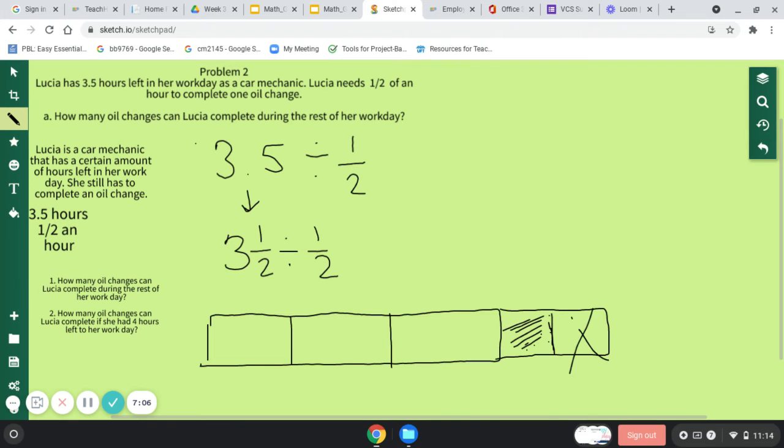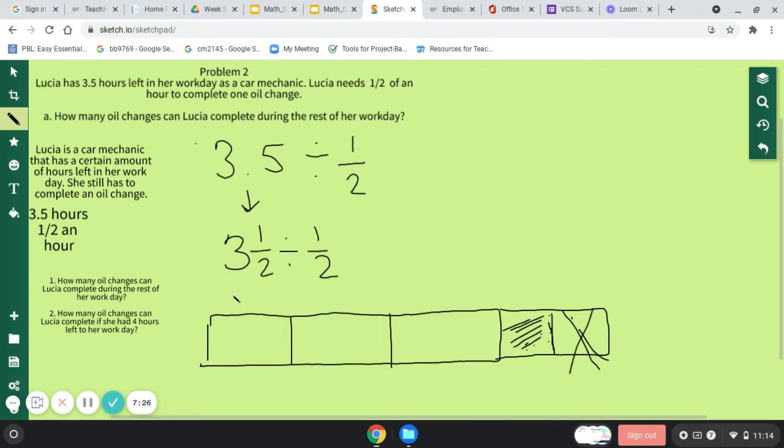We don't need the rest of this one because we need 3.5. Okay, so we have 1 whole, 2 wholes, 3 wholes, and then there's our half. So we're going to take this 3.5 and divide it by a half.